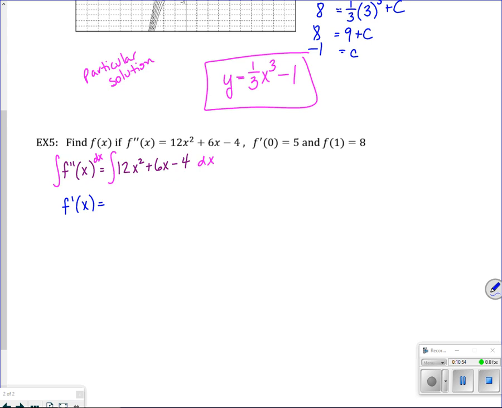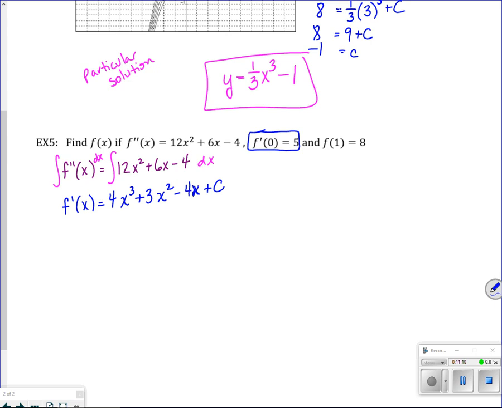Let's do the integration. Increase the power by 1, divide by the new power, 12 divided by 3 is 4. Go down the line, x squared, divide by 2 would give me 3, minus 4x. Do not forget your constant of integration right there. Now notice they gave you this information.